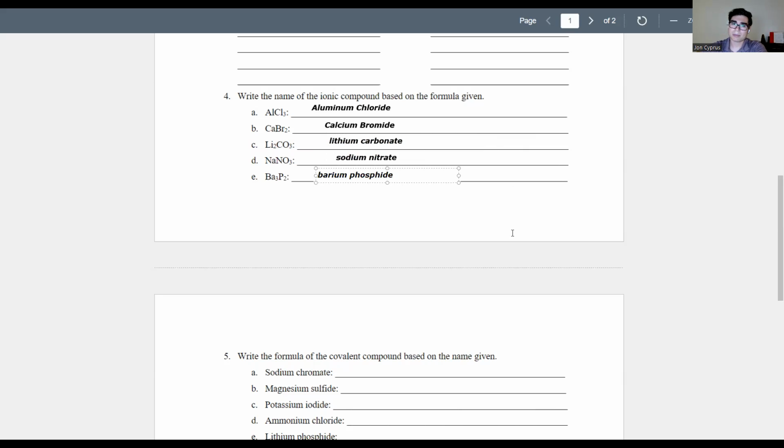Phosphorus is monoatomic. Now, if you're asking yourself, well, this is 2, that's not monoatomic, there's multiple ones, right? We're referring to this whole thing together. So individually, there's 3 different fluorines attached to this aluminum. Those are monoatomic. Those are by themselves. There's 2 different bromines attached to the calcium. Those are monoatomic. The CO3, this is a carbon with 3 oxygens that is attached to the lithiums, right?